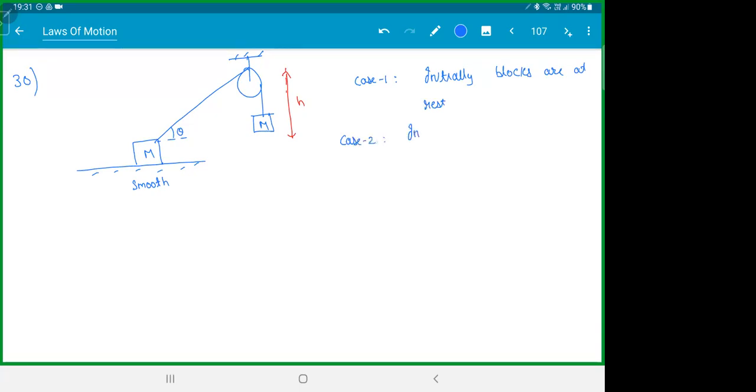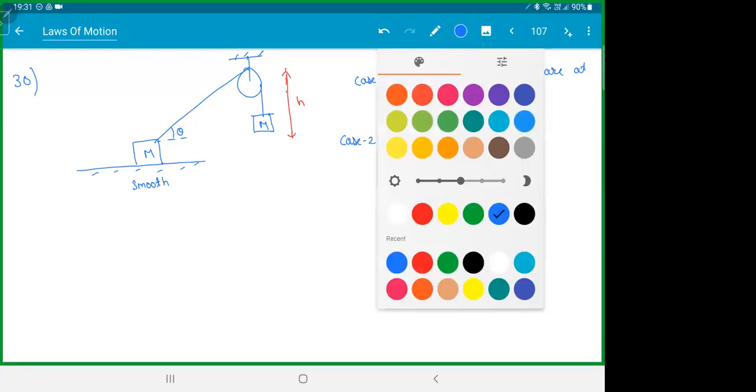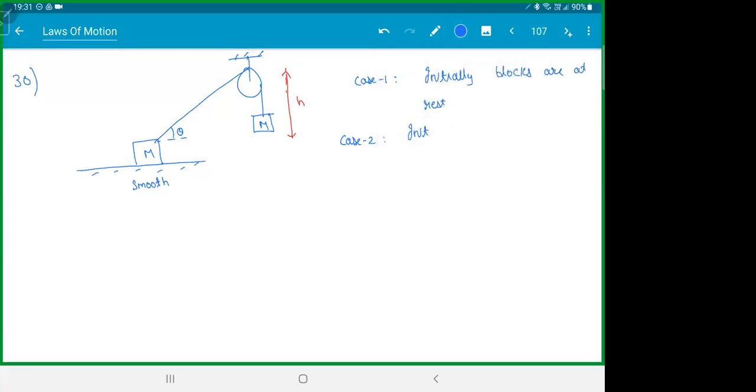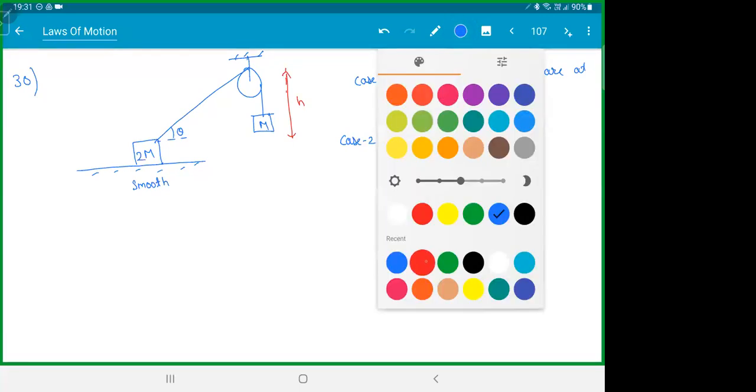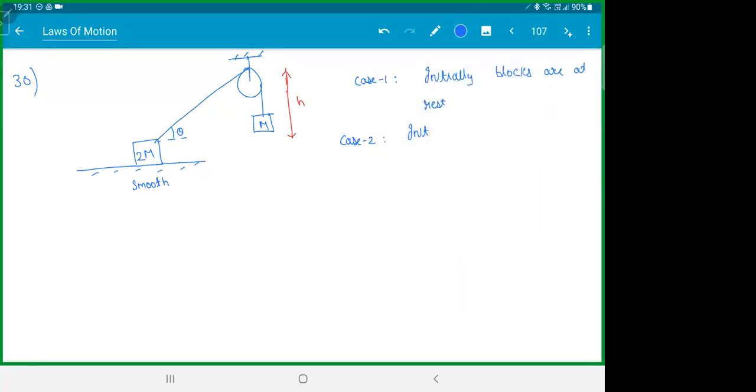Case 2: I'll just make this 2m. Initially, m is going down with speed u. Find the acceleration of the blocks at this instant.